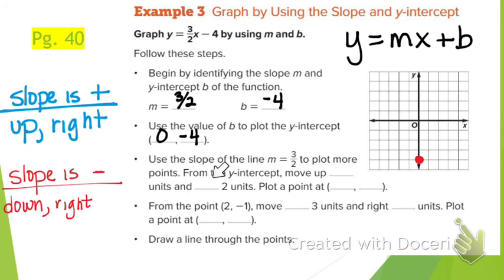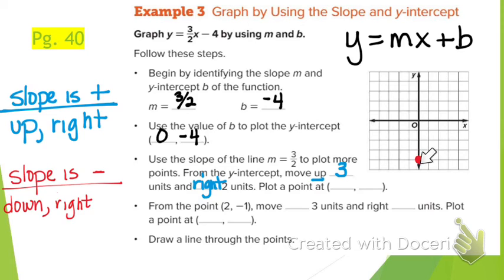From the y-intercept, because it's positive, we're going to move up 3, because that's the numerator. And then you're going to go to the right 2. So put your pencil on this y-intercept.